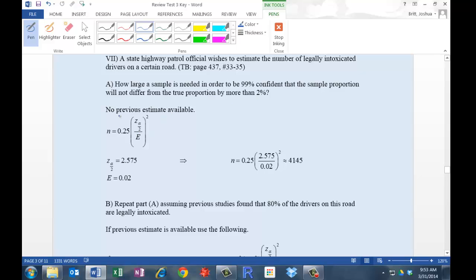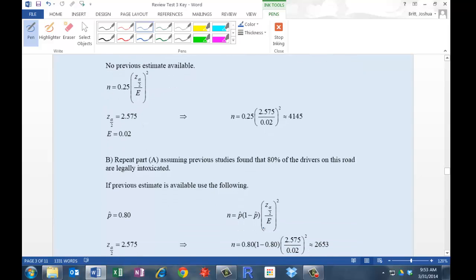So no prior estimate available, we use this formula. If we have a prior estimate, we use this formula. So z alpha by 2 comes from table 5 over the margin of error. We plug that in, always round up. Remember, always round up for the sample size questions.